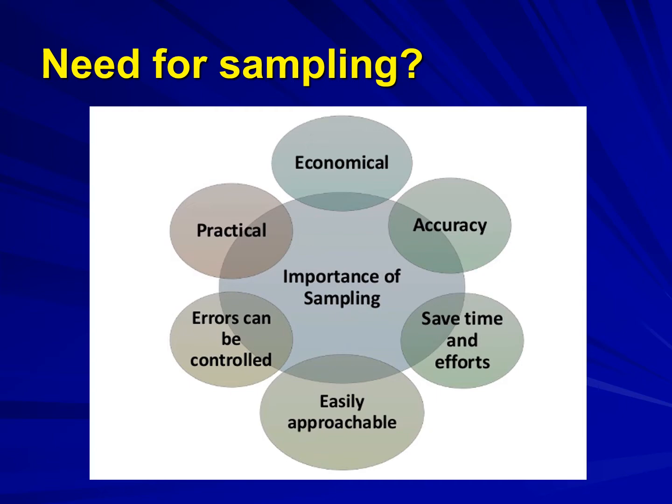Instead of that, if you are going to study only a 200 sample of those 5,000 women, it will save the expenses that are going to be spent on measurement of their hemoglobin levels. Again, measurement of hemoglobin levels of the 200 women will save our time and our efforts.